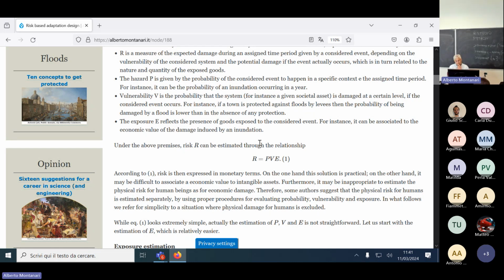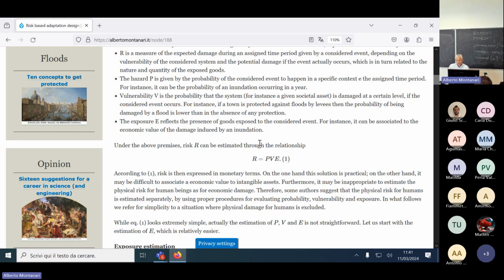And let's not forget that exposure is not a constant. It depends on the magnitude of the extreme event. So if a flood occurs, not all the city is flooded. Depending on the intensity and the magnitude of the flood, depending on the probability of the flood, we have to expect that exposure increases for increasing magnitude of the flood.